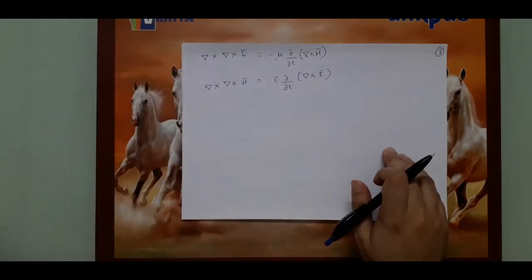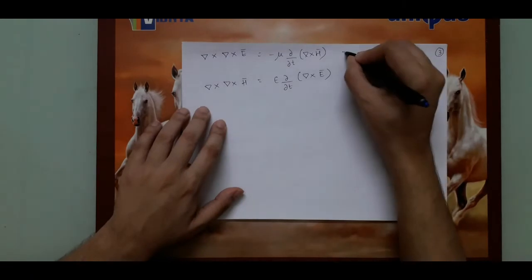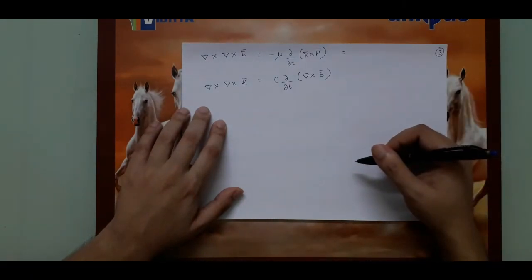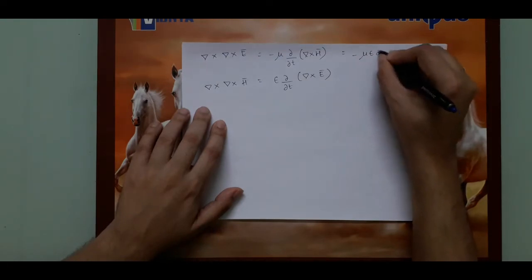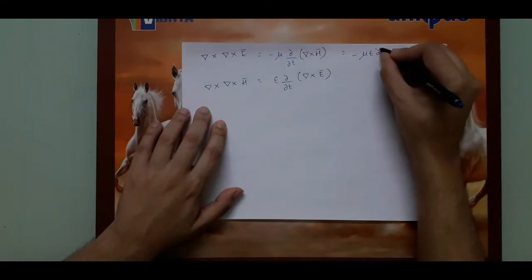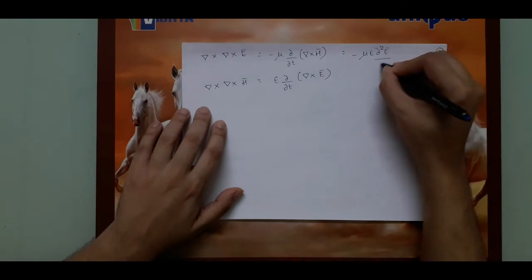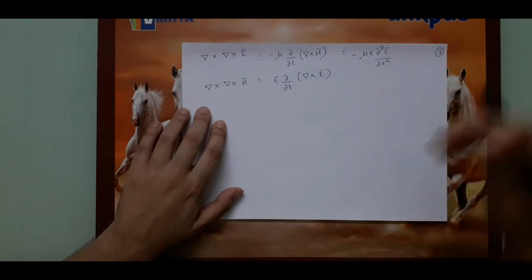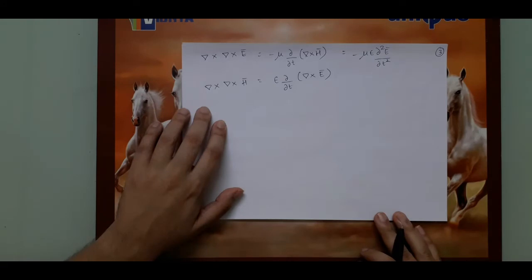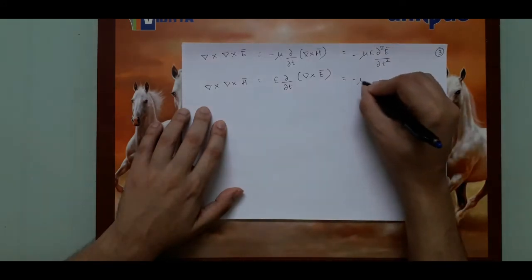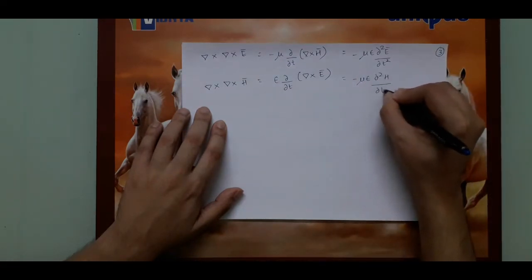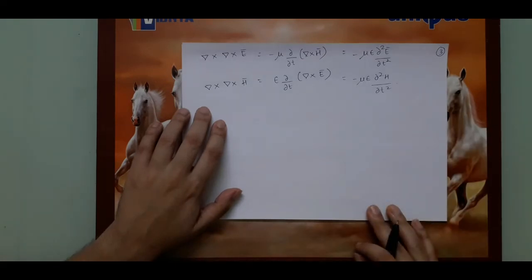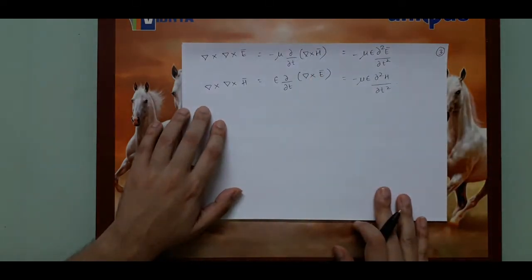So if I substitute, what I will get essentially is minus mu epsilon del square E by del t square, and here I will get minus mu epsilon del square H by del t square. This is what the right hand side would become.